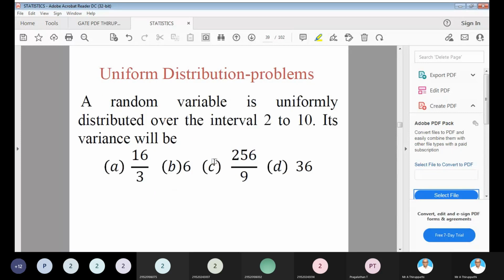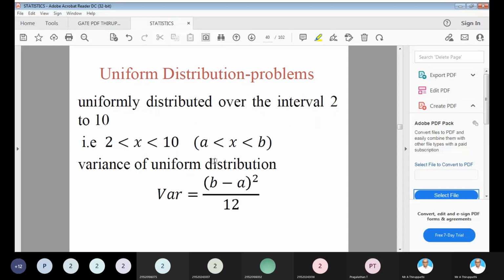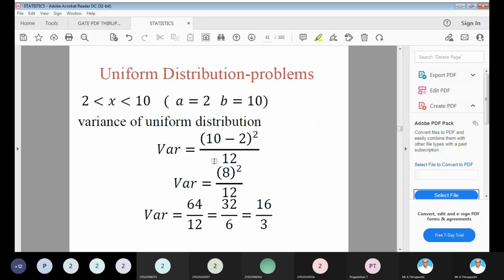Simplifying 64 divided by 12, the answer is 16 by 3. So the answer is given.